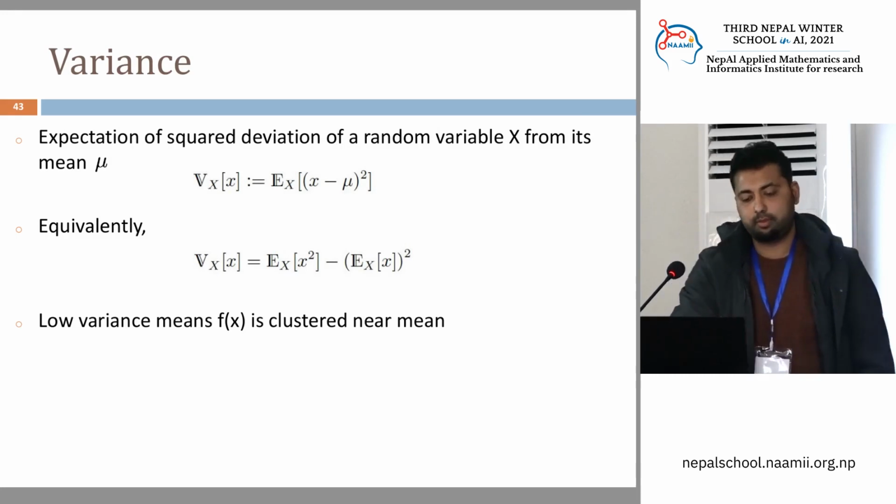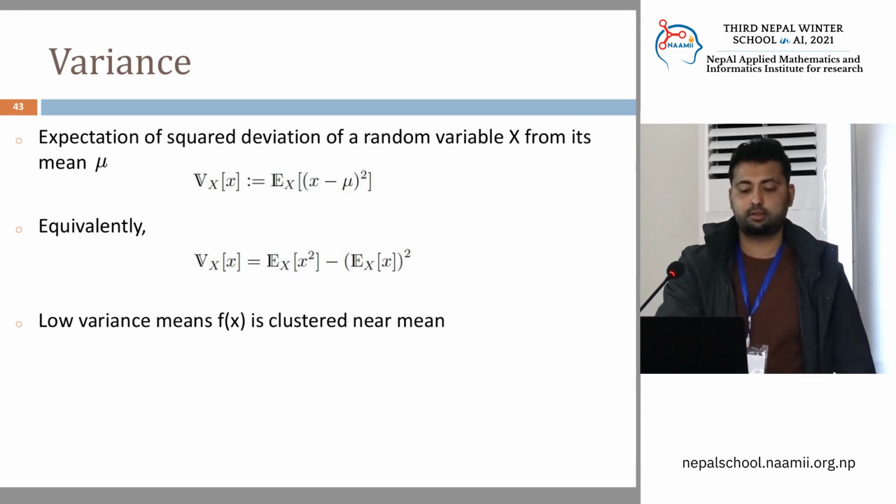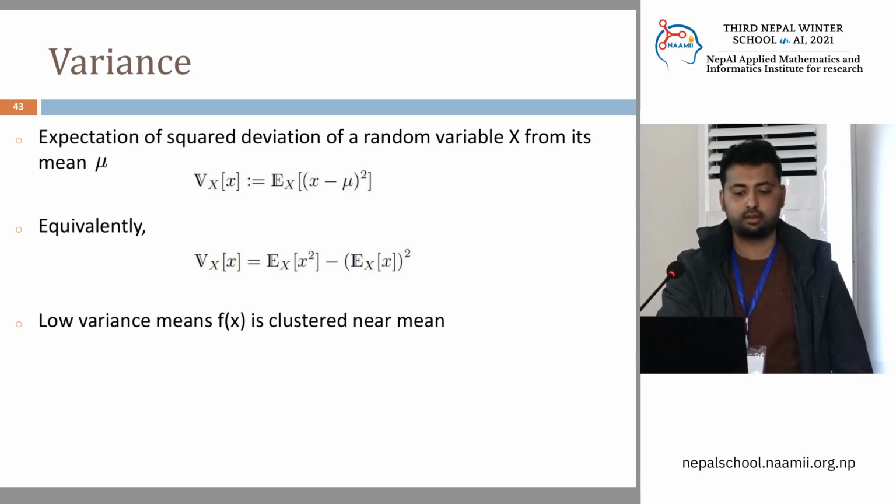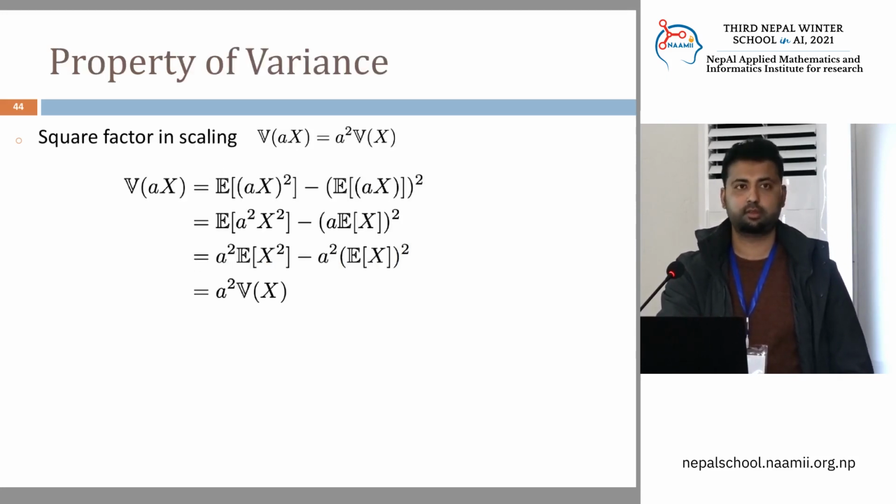But if you remember from the chain rule, it should be p of y given x times p of x. But now we are saying that it is also equal to p of y times p of x. So something weird is going on, and that implies that p of y given x should be equal to p of y, right? Because otherwise these two quantities cannot be equal.